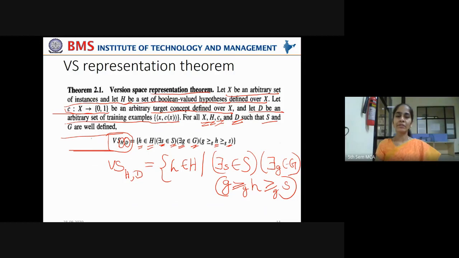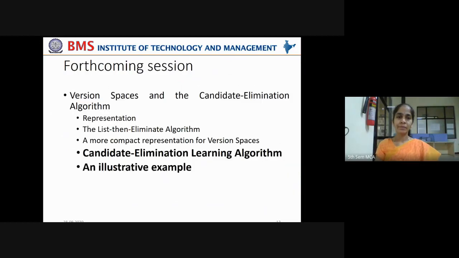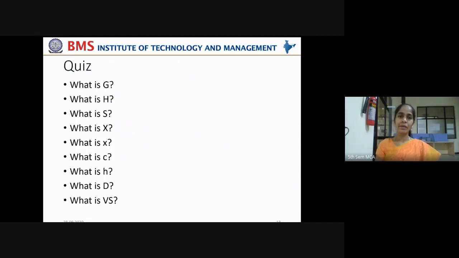Go through this theorem, you will easily understand from the explanation given. In the next coming session, let us discuss the candidate elimination learning algorithm and understand it more elaborately by using an illustrative example.